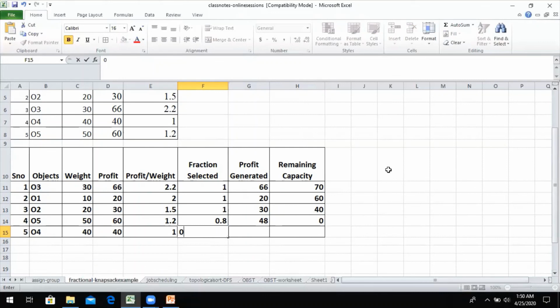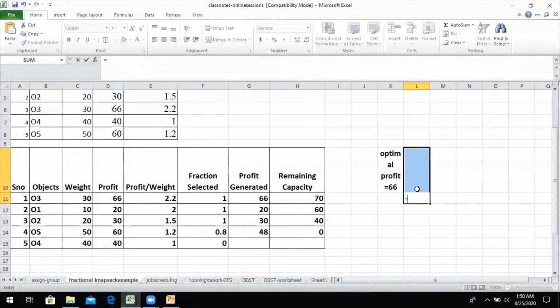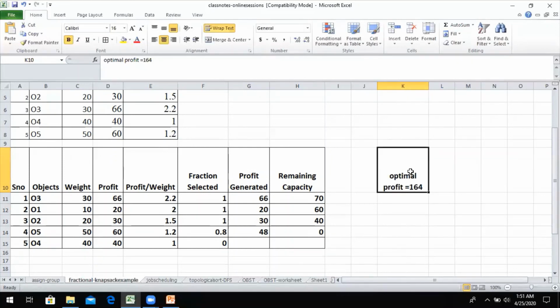The optimal profit generated is the total profit generated here, which would be 66 plus 20 plus 30 plus 48, which is 164. So the optimal profit is 164.